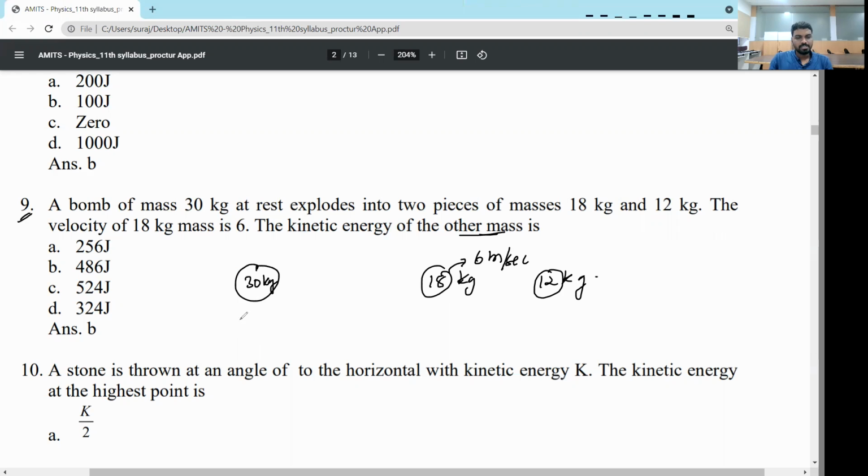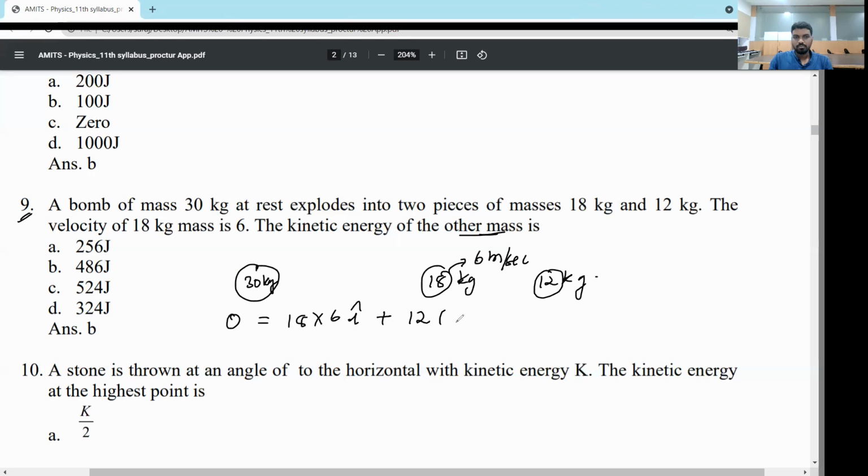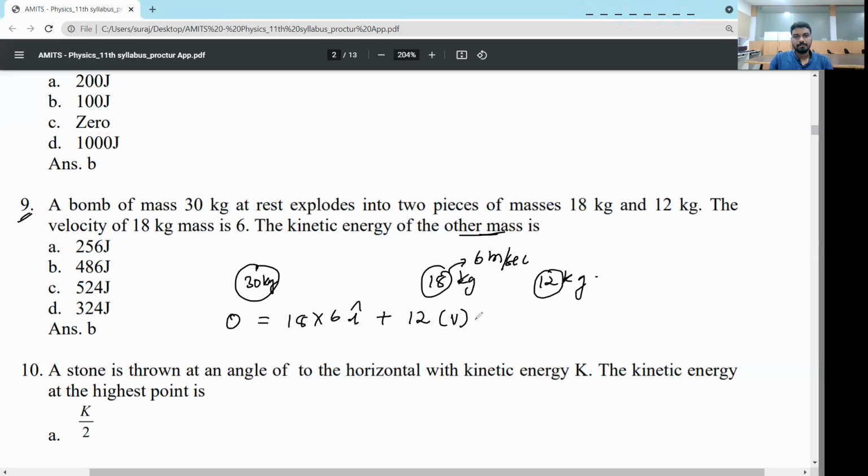So initial momentum is 0. Final momentum will be, let's say, 18 into 6 i cap plus 12 into, let's say, v velocity minus i cap. Obviously, just to keep the momentum 0, both the velocities should be in opposite directions, so that the momenta cancel out each other.